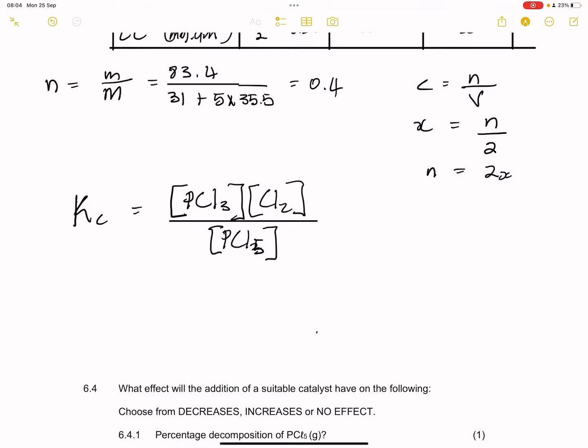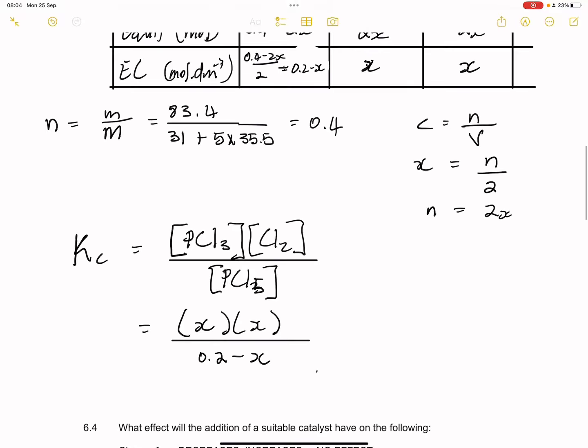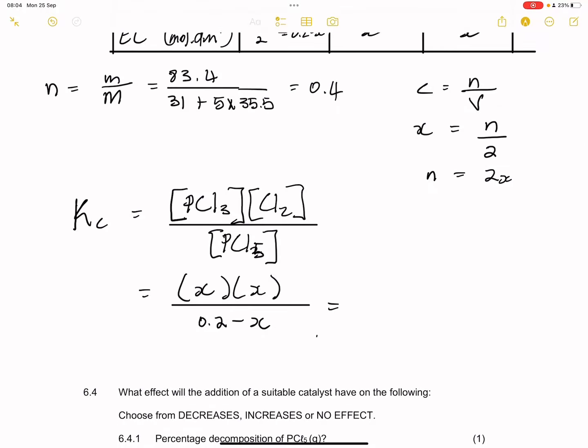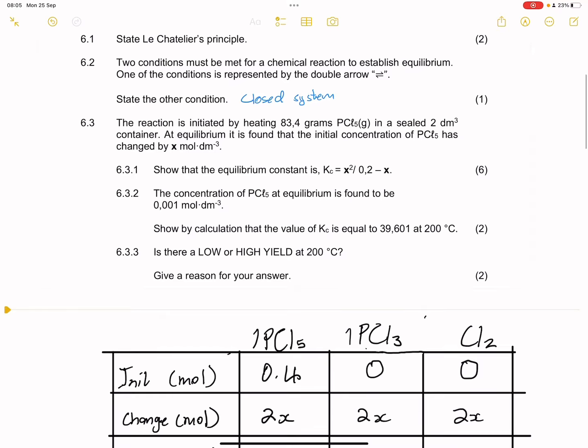When we substitute, PCl3 was x, this is x, divided by PCl5, which was 0.2 minus x, you remember that. So our equilibrium constant will be x squared divided by 0.2 minus x, and this is what they had asked us to prove.